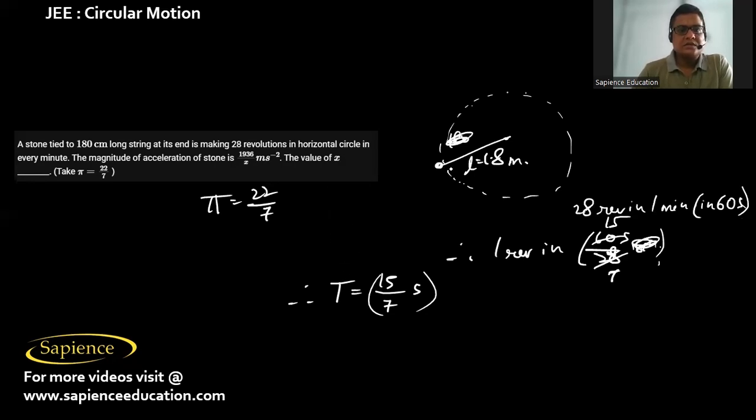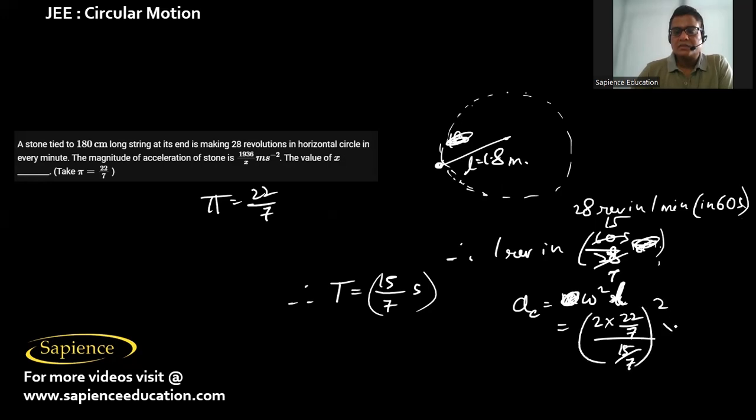Then the magnitude of acceleration of the stone is the centripetal acceleration, that is omega square r, or omega square L, since the radius of the circular path is the same as the length of the string. So omega is 2 pi by t. So 2 into 22 by 7 over 15 by 7, that whole square into L. L is 1.8.